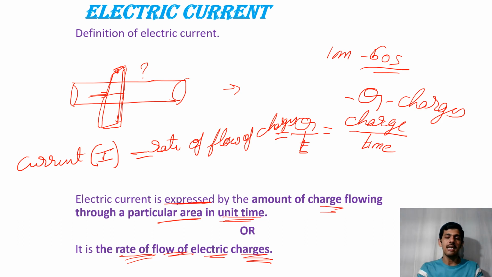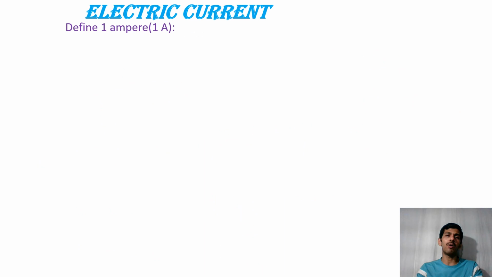In this slide we are going to discuss the SI unit of electric current. What is the SI unit? While telling about charges, I have already told you it is coulombs.